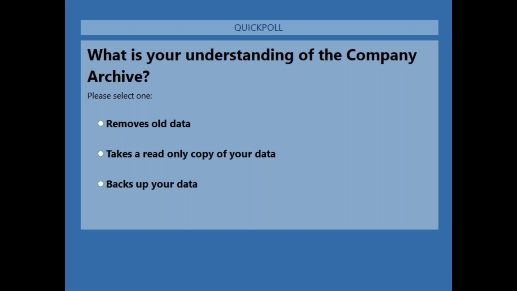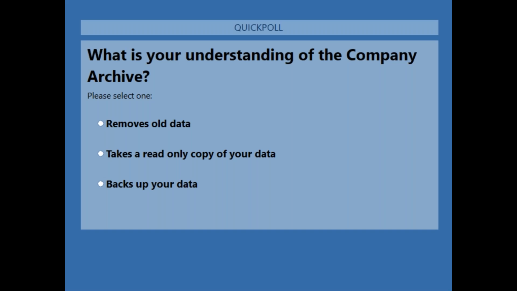Now, before we move on, I just want to launch a poll on your screen there. I'm just wanting to know, what is your understanding of the company archive? Does it remove all data? Does it take a read-only copy of your data? Or does it back up your data? Like I say, you're not going to be penalised if you don't get this answer right.